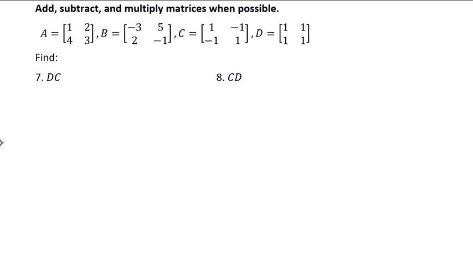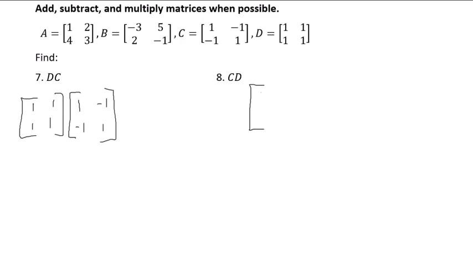Okay, we're going to do DC and CD. So start by putting D, and then we put C. I'm going to go ahead and write CD as well.